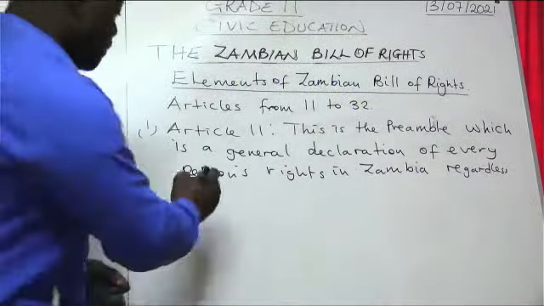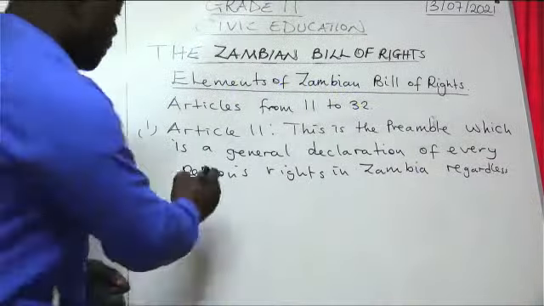We can also look at the religion aspect, sex, and marital status. Are we together? Whenever I talk about rights as Zambians, I look at the Constitution because it is our supreme law.